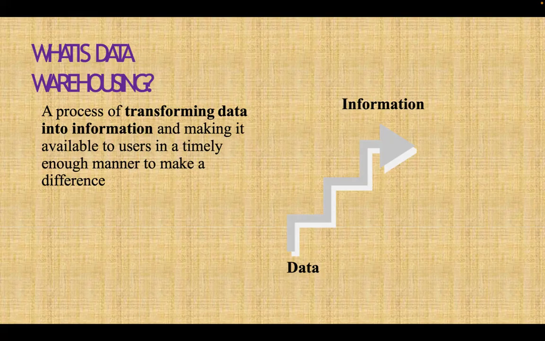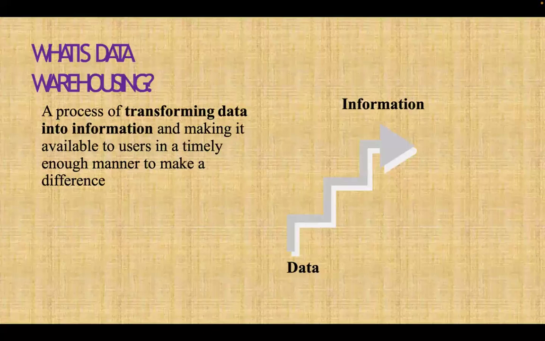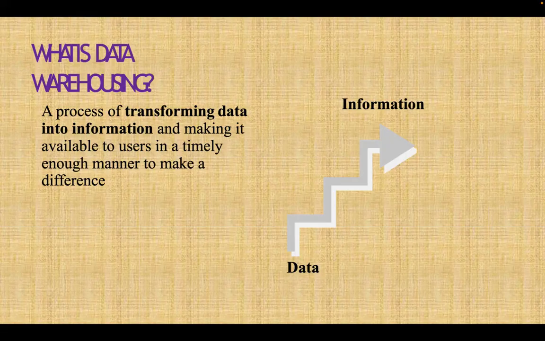But when we process it, we classify that these 5 are males and these 3 are females. Once we process the data, it becomes information. So this process of transforming data into information and making it available to users in a timely enough manner to make a difference is known as data warehousing. I hope it is clear.